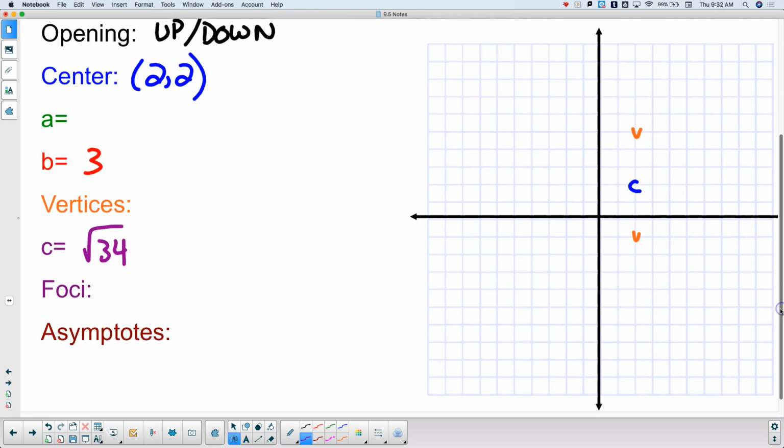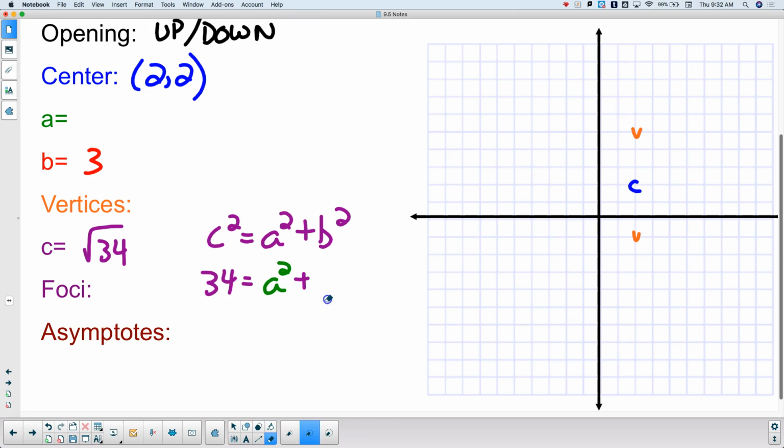All right, so then C squared is equal to A squared plus B squared. So C squared is 34, because C is the square root of 34. A squared, I don't know. But B squared then is 9. Right? So subtract 9, and that gets me A squared is 25.